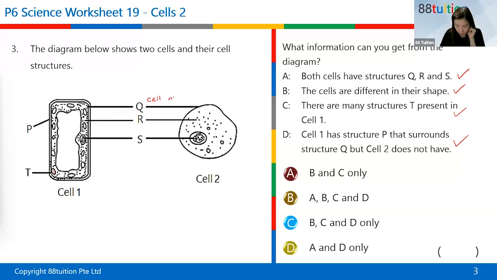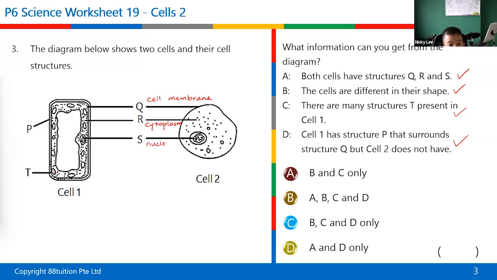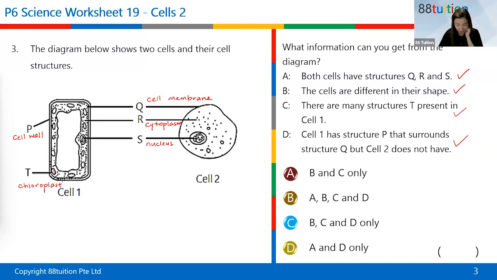For R, it is the cytoplasm because it points to the jelly-like substance in both cells. S points to the nucleus, which is the big part, and P points to the cell wall, which is the outer part of the cell, and T points to the bit near the chloroplast. Although at first I thought it was a cell membrane, now I know it's a chloroplast because there's a chloroplast near there.